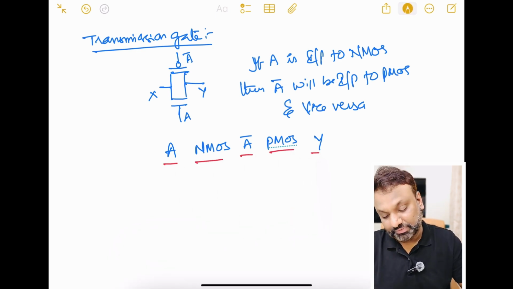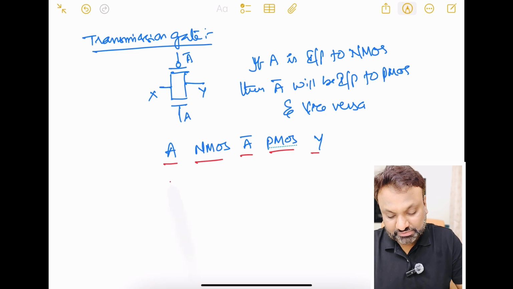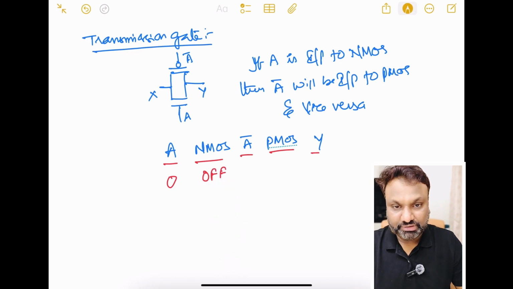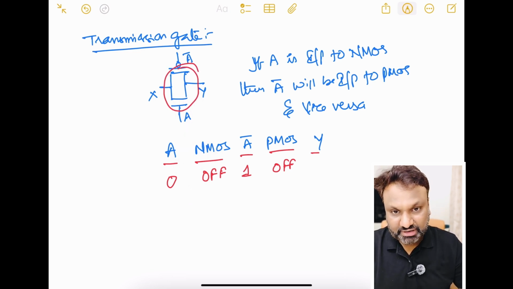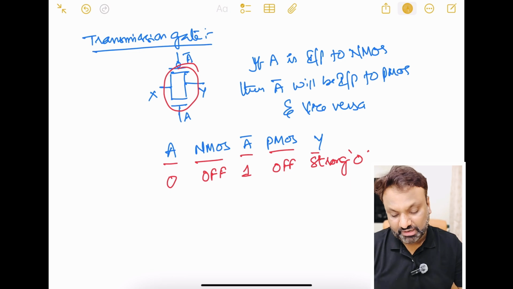We'll form a table. Let us take A equal to 0. For A equal to 0, my NMOS will be off. For A equal to 0, A bar will be equal to 1, and for a 1, the PMOS will also be off. Hence, this particular area is completely an open circuit now. Because both the transistors are off, I get a strong 0 as the output.